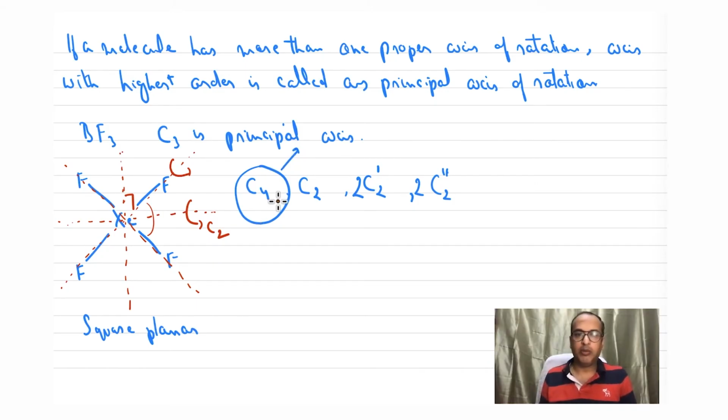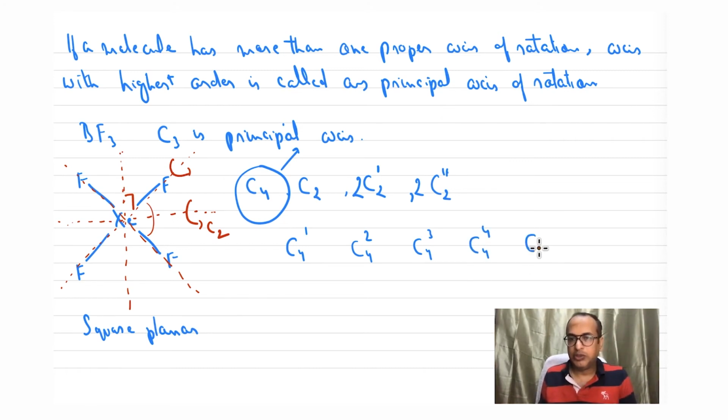Okay, now how many rotations will each axis give rise to? So let's try to work that out as well. So C4 can give rise to C4 once, C4 done twice, C4 done thrice, C4 done 4 times, right?